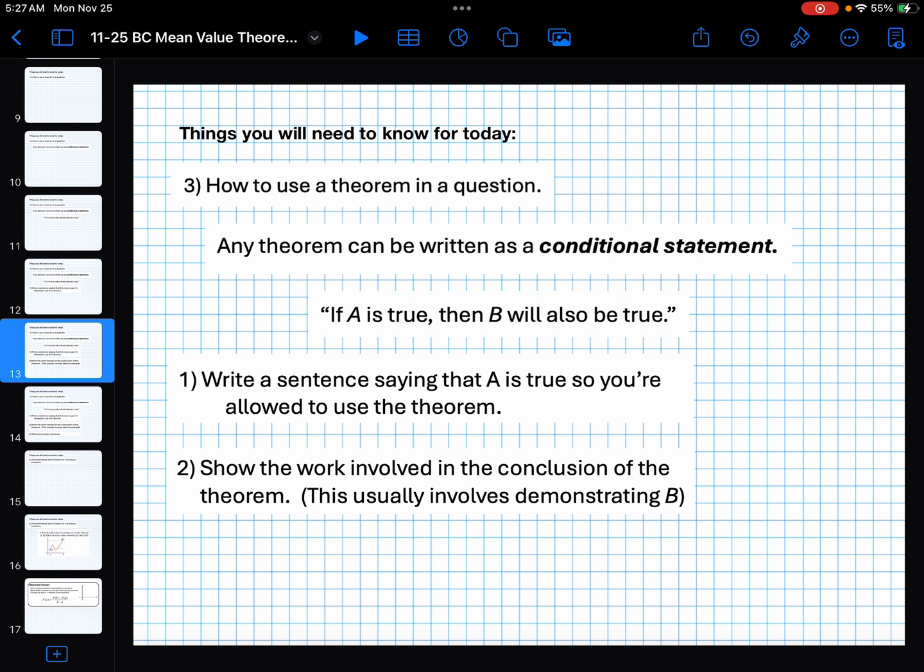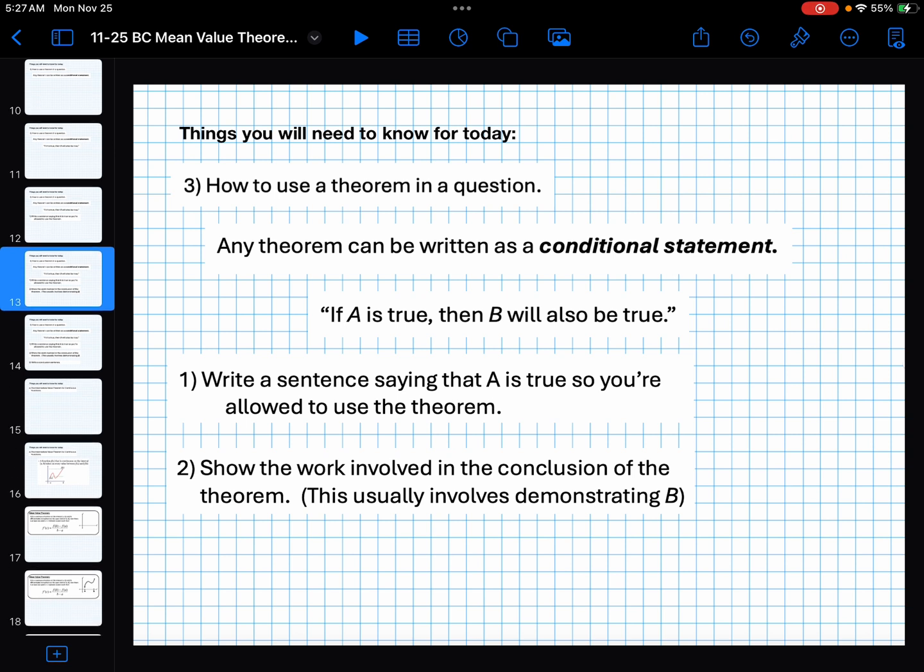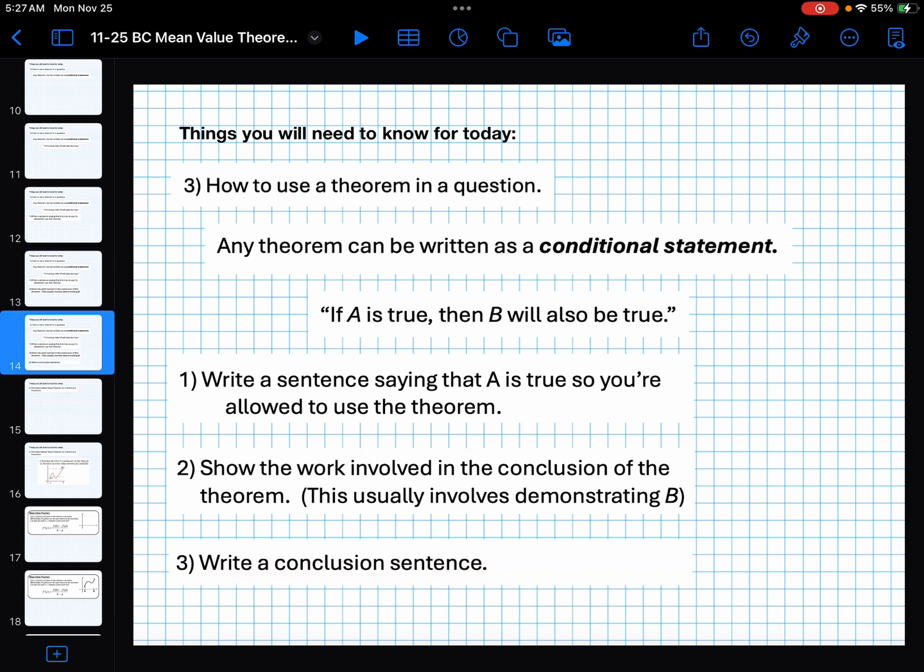So there'll be some sort of conclusion formula or statement, and you're usually going to be substituting some values in just to show that the conclusion that's stated in the theorem is going to hold up. And the last thing is just writing a conclusion sentence, something along the lines of, therefore, this theorem proves or guarantees that this conclusion, B, must happen.